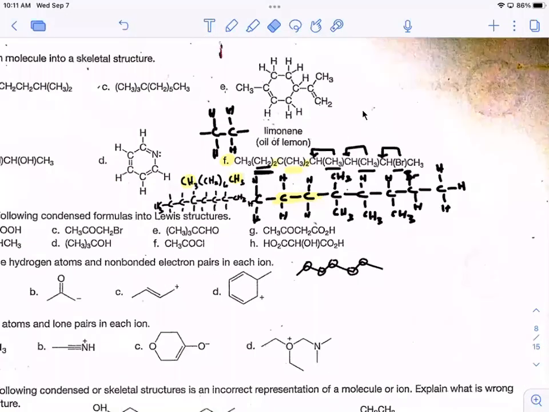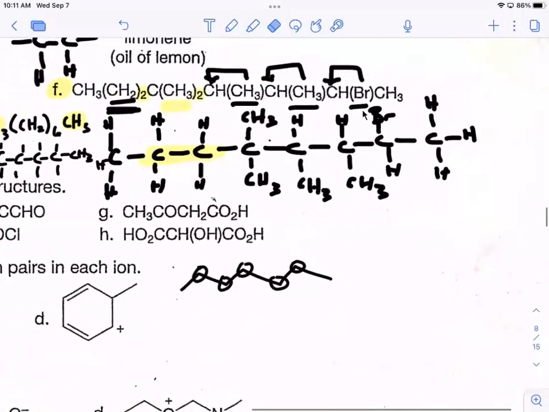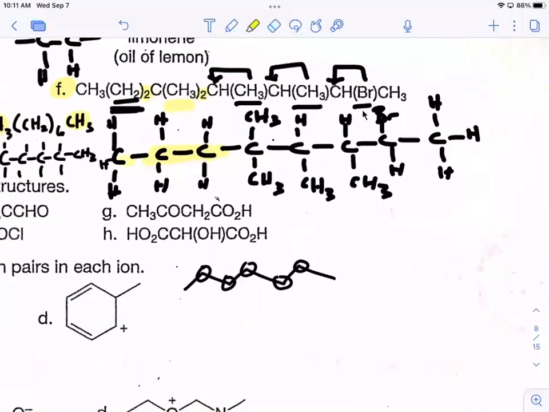Let's go ahead and make that skeletal. This is my backbone. How many carbons is that? Let's count them up. 1, 2, 3, 4, 5, 6, 7, 8. 8 carbons. I'll make it skeletal first, and then I'll explain why we picked that as the backbone.